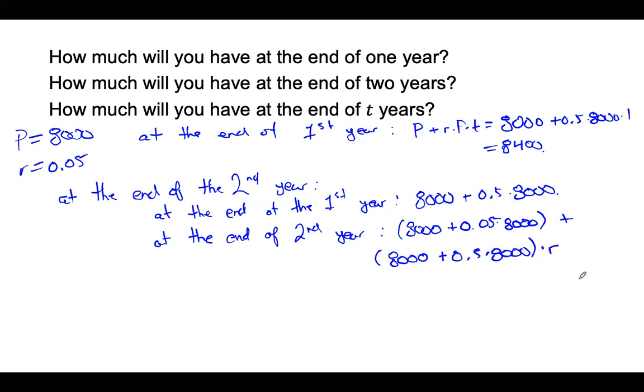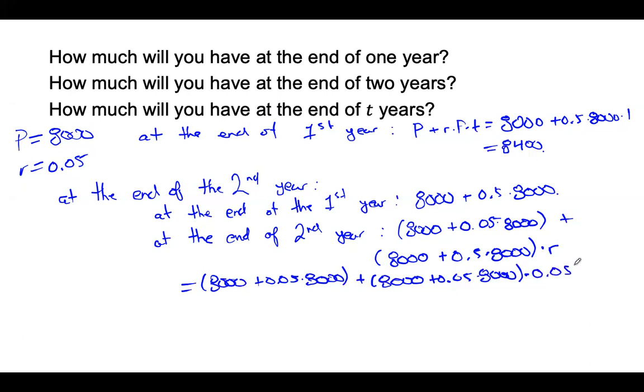I'll just put R for the rate. And then we can write this all out, and R is 0.05.